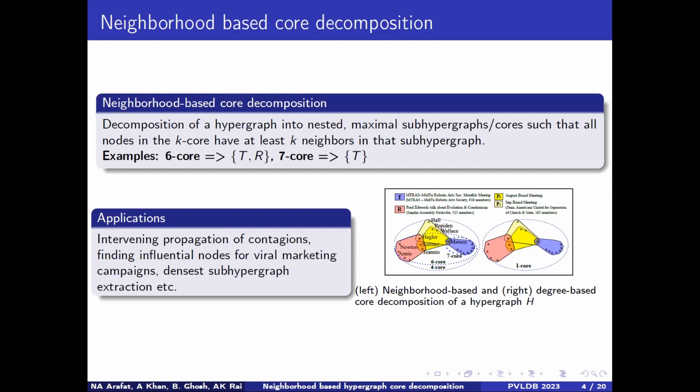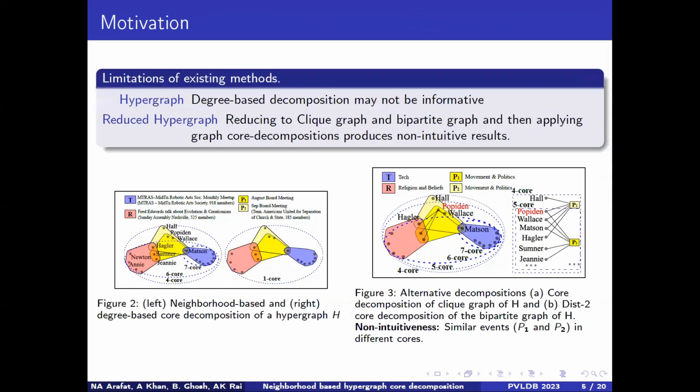So, what are the challenges in solving our problem? Well, if we use some of the existing methods to solve our novel problem, which is neighborhood-based hypergraph core decomposition, we find improper results. For example, in the literature, there is a method called degree-based hypergraph core decomposition. The degree of a node is the number of hyperedges incident on it.